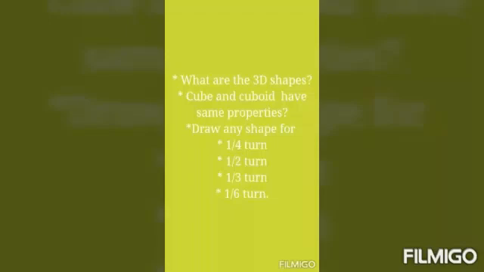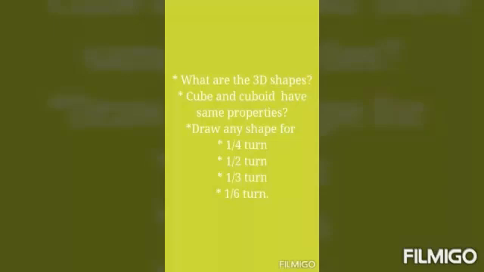Dear students, in previous classes we learnt 3D shapes and rotational symmetry. Now I will ask some questions about that. First question, what are the 3D shapes? Second question, do cube and cuboid have the same properties?